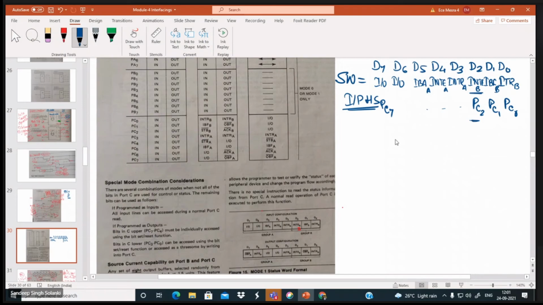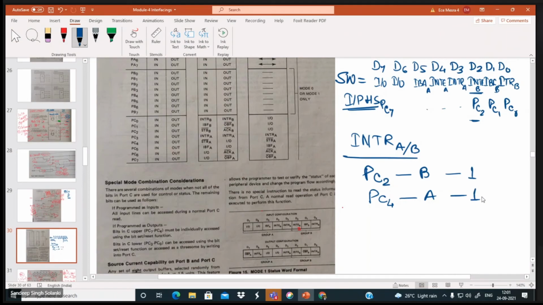And for your information, if you have the intention of using INTR of A or B, then you must make your PC2 for B and PC4 for A as 1 and 1.